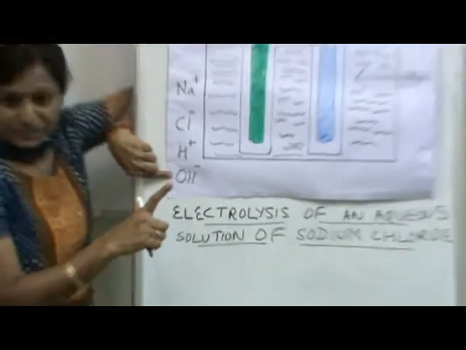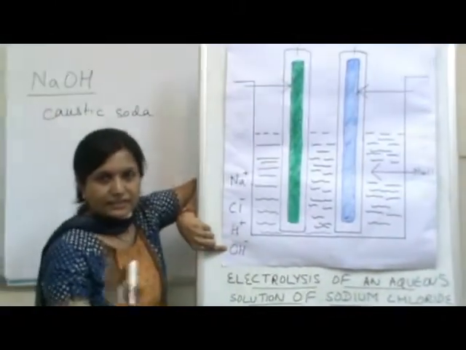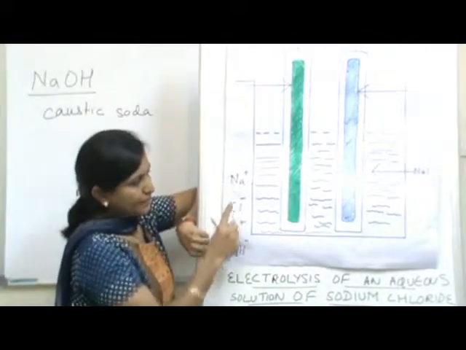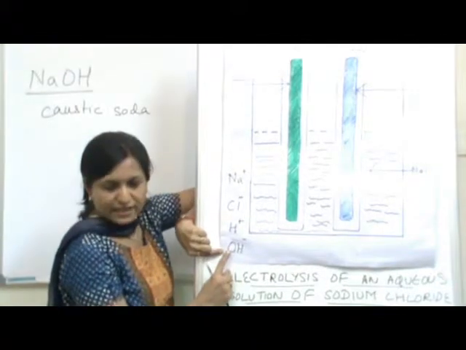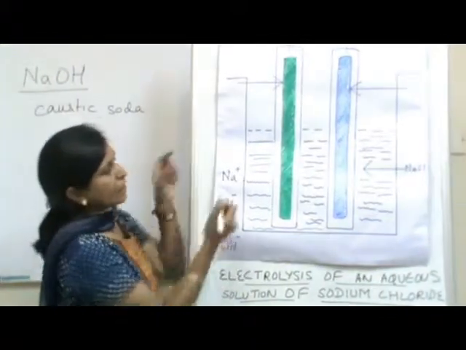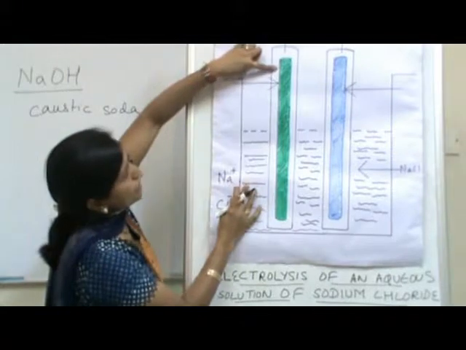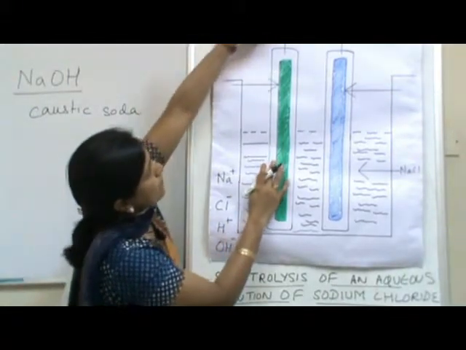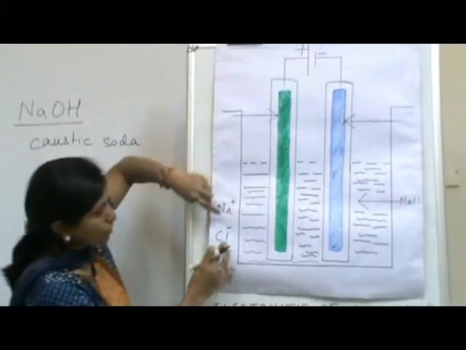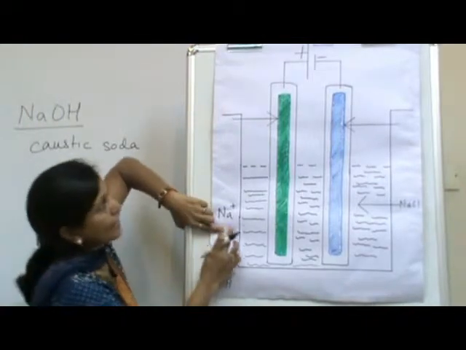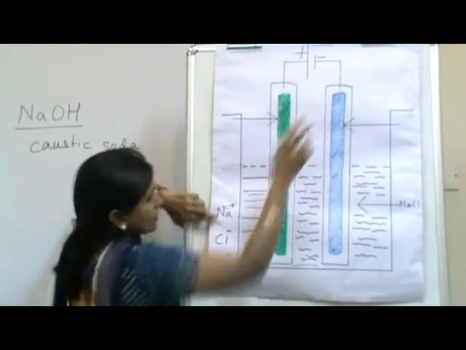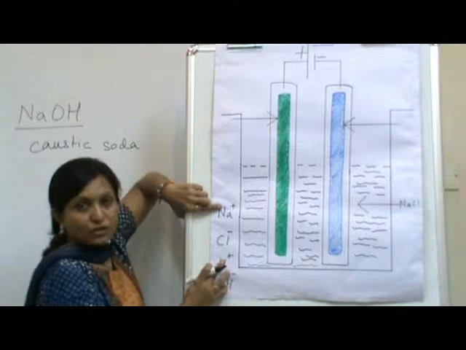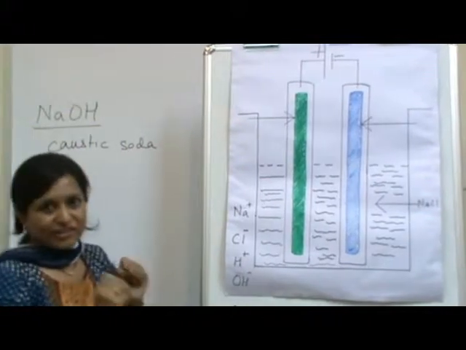On passing the electric current, NaCl decomposes to Na plus, Cl minus, H plus and OH minus. Now, the terminal which is connected to the positive part of the battery, here which ions will go? Negative ions will go. The one which is connected to the negative of the battery, positive ions will go because opposite attracts.